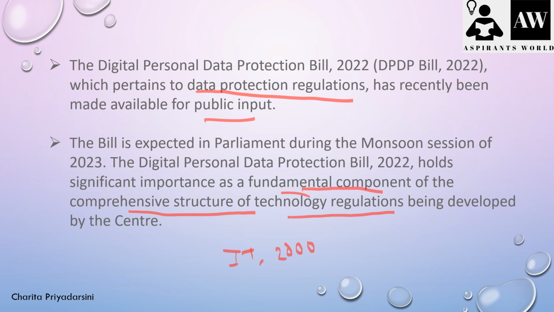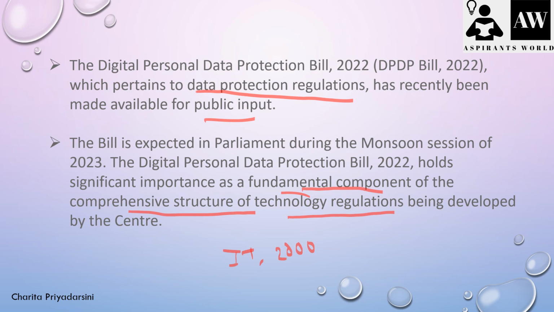After submission of the report, the Personal Data Protection Bill 2019 was introduced in Lok Sabha. But the bill underwent referral to a Joint Parliamentary Committee, which subsequently presented its report in 2021. The bill was withdrawn from Parliament in August 2022.